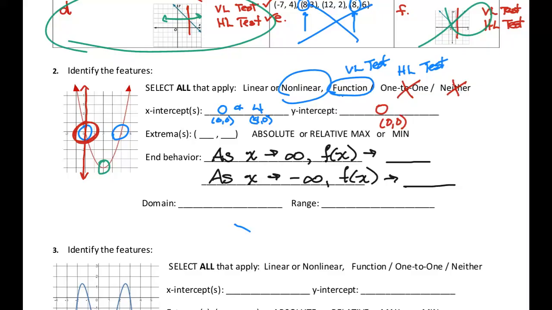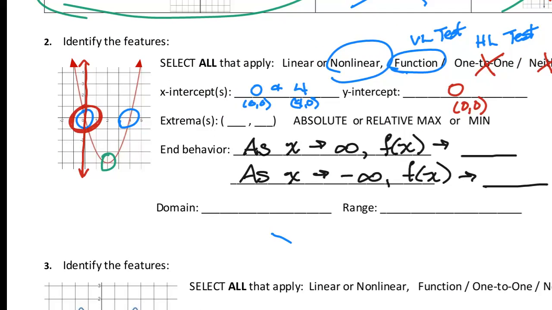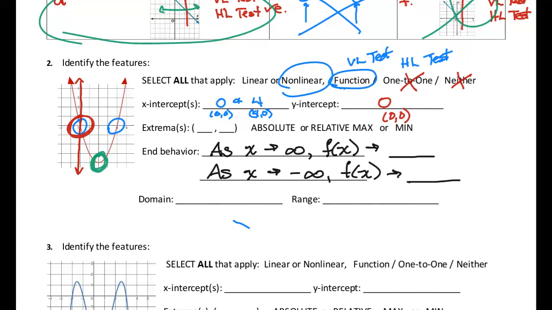All right. Now, she said something about (2, -4). This thing right here. Why do you think she said (2, -4)? Is that kind of a big deal with this graph? Yeah, what is that? It's an extrema, and what kind of extrema is it?